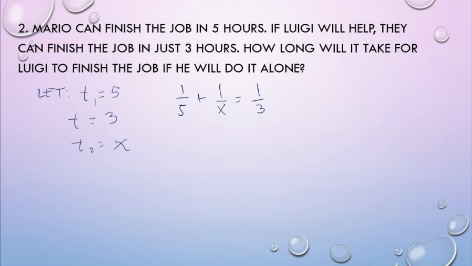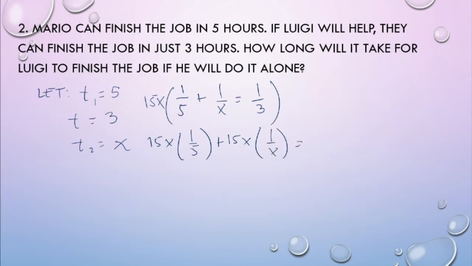Then, same with number 1, we need to find the LCD. Then, use that to remove the denominator. So, this time, our LCD is 15x. Okay? So, this will become 15x times 1 over 5 plus 15x times 1 over x equals 1/3 times 15x.